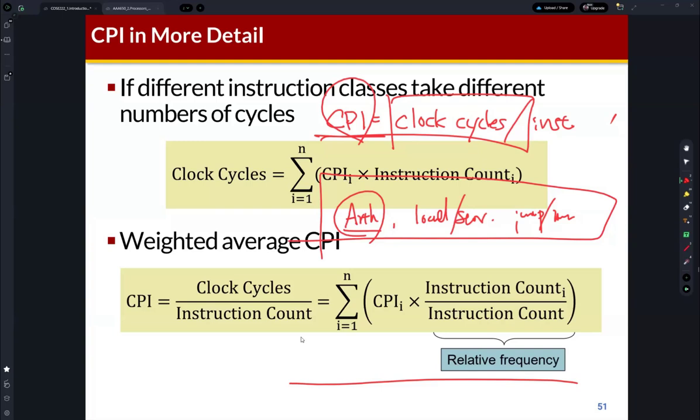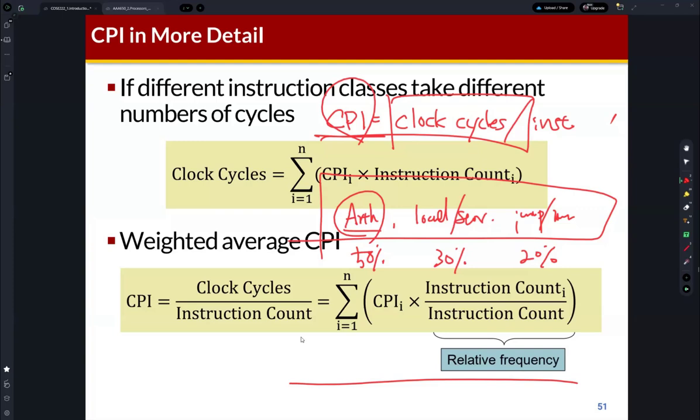There are many different kinds of instructions in an application. Then how can we calculate the average CPI? For example, arithmetic instructions occupy maybe 50%, load and store instructions occupy 30%, and jump and branch instructions occupy 20% in an application.